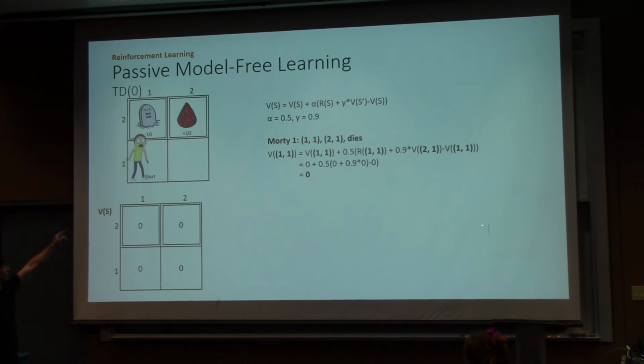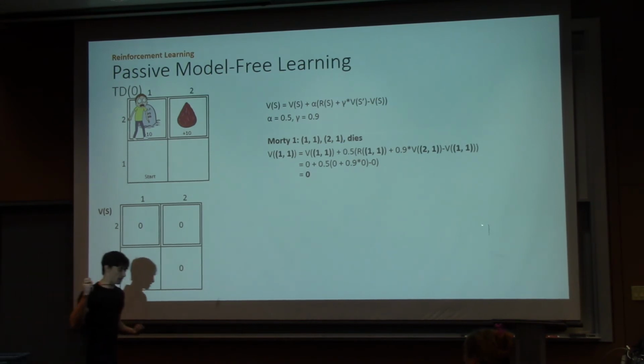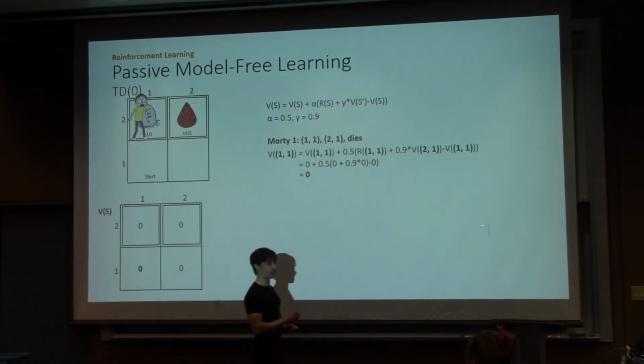So this means that Morty, when he moves from state 1-1 to 2-1, the value of state 1-1 is going to now update to 0, which is what it was before. So as he leaves a state, we get more information, and the state that he just left gets updated.